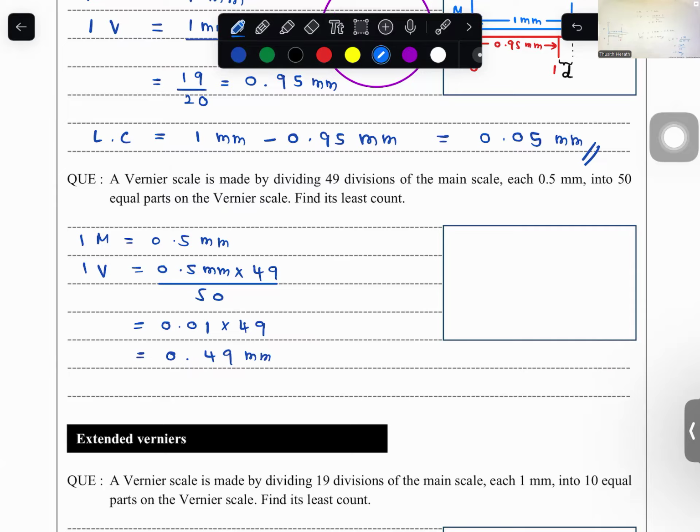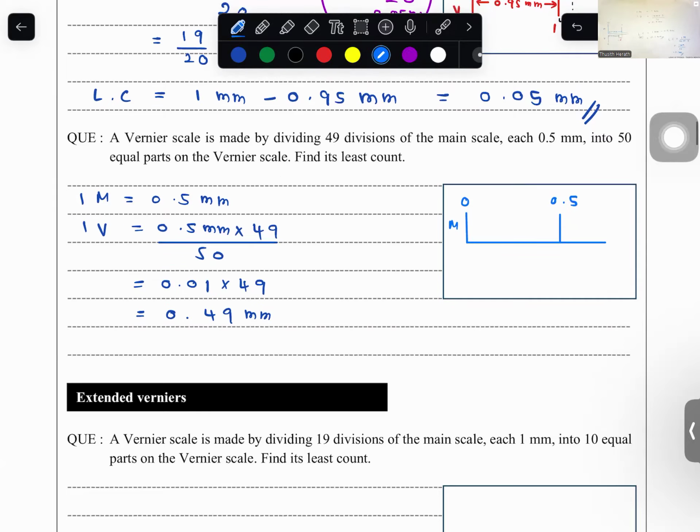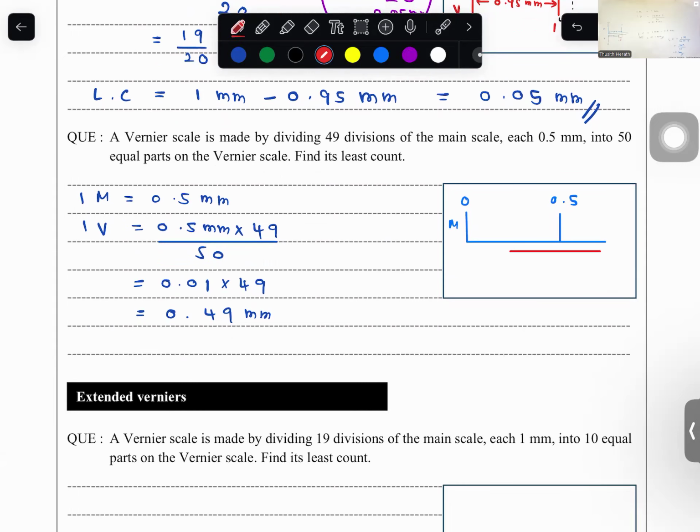So let's draw the zeroth main scale line, then the first main scale line. The first means this is 0.5, because the main scale is calibrated in millimeters. Then the vernier scale, 0, and here the first line.